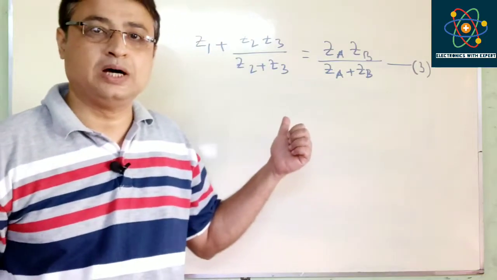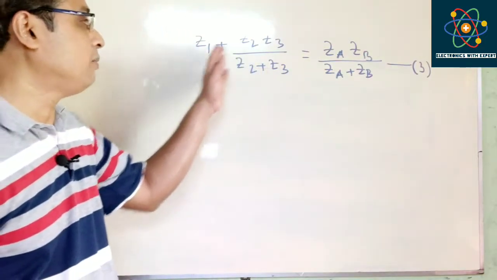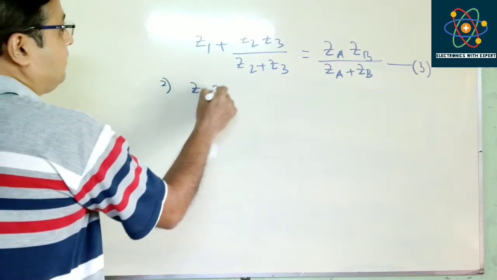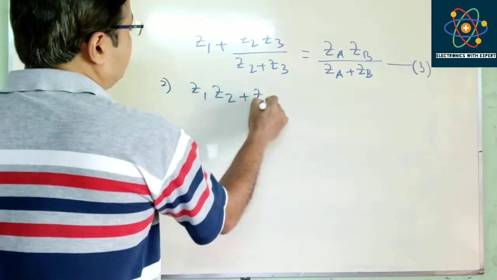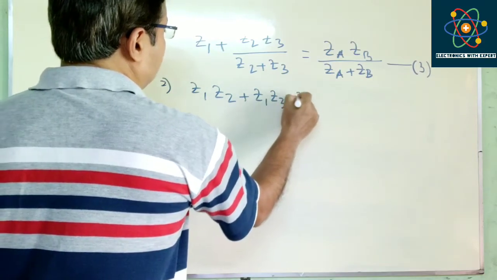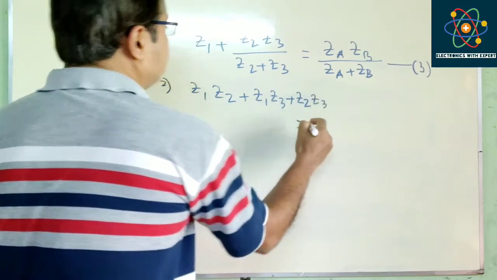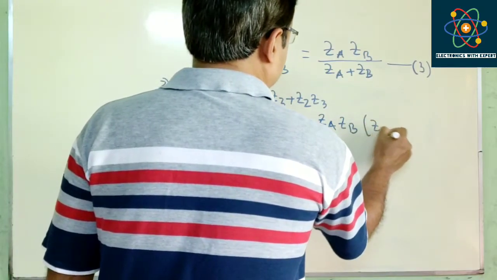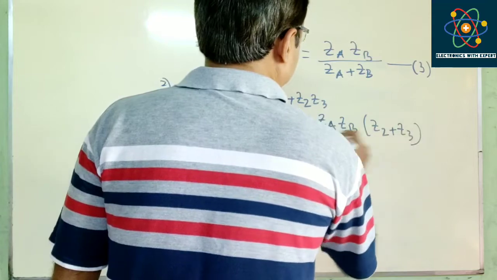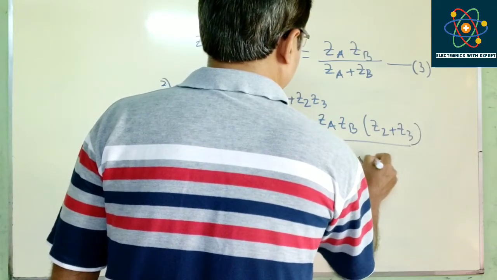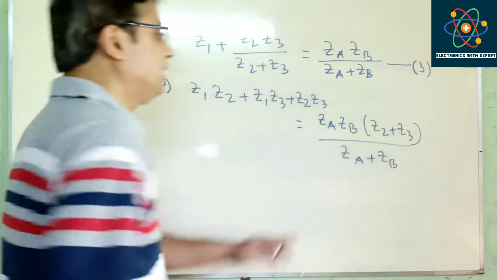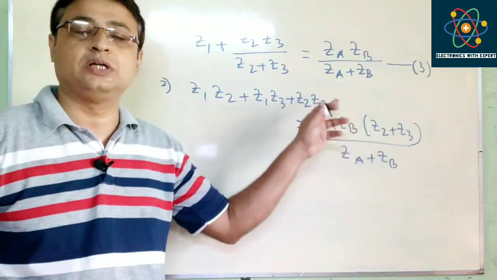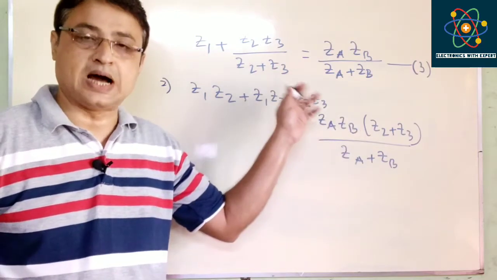So let's come to equation 3. Now from equation 3, we can expand this equation just by multiplying, that is Z1 Z2 plus Z1 Z3 plus Z2 Z3, and on the right hand side ZA ZB into Z2 plus Z3 divided by ZA plus ZB. Now here in the Z2 plus Z3 term, we are going to substitute equation 2 which I have written earlier.